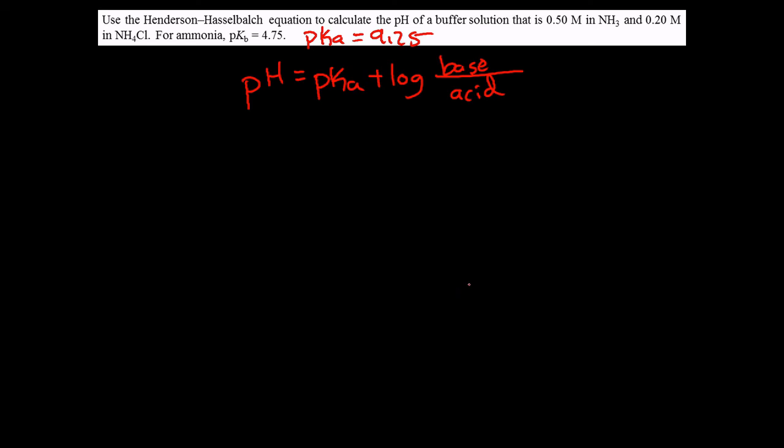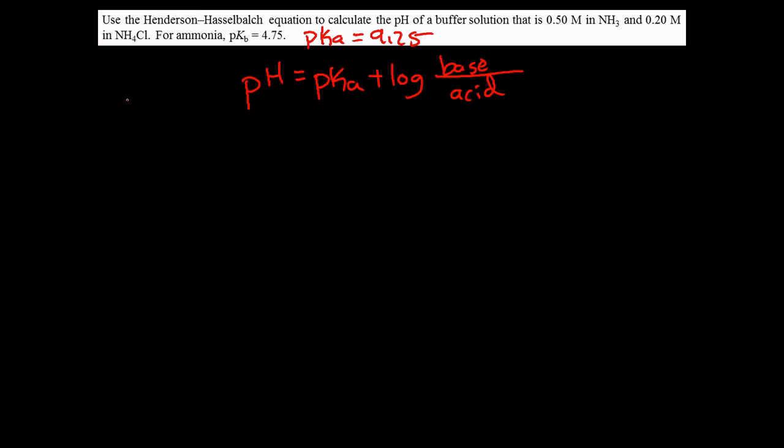And so, if I look here, it doesn't specifically say this is an acid, this is a base, but I know that ammonia is a base, and the ammonium is the acid. And if you're thinking, well, sure, you know that. You've been doing this for decades at this point. How do I know that?